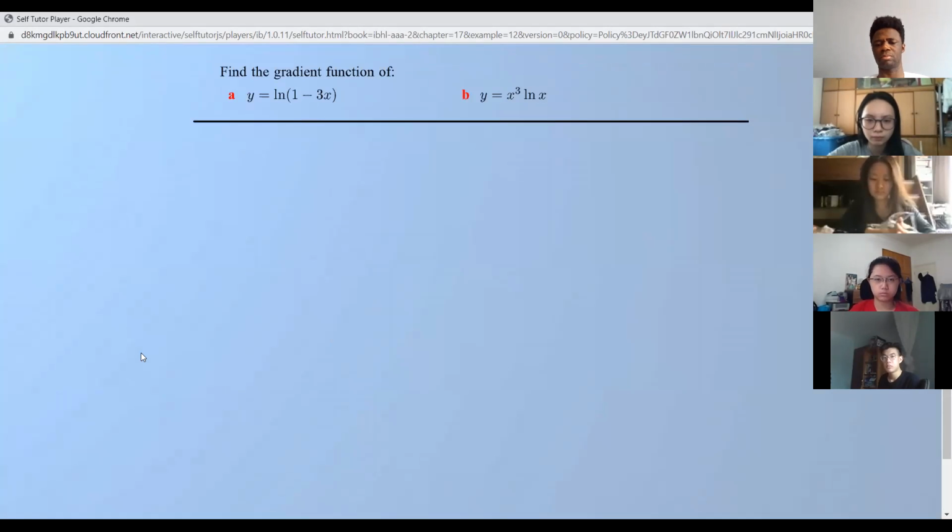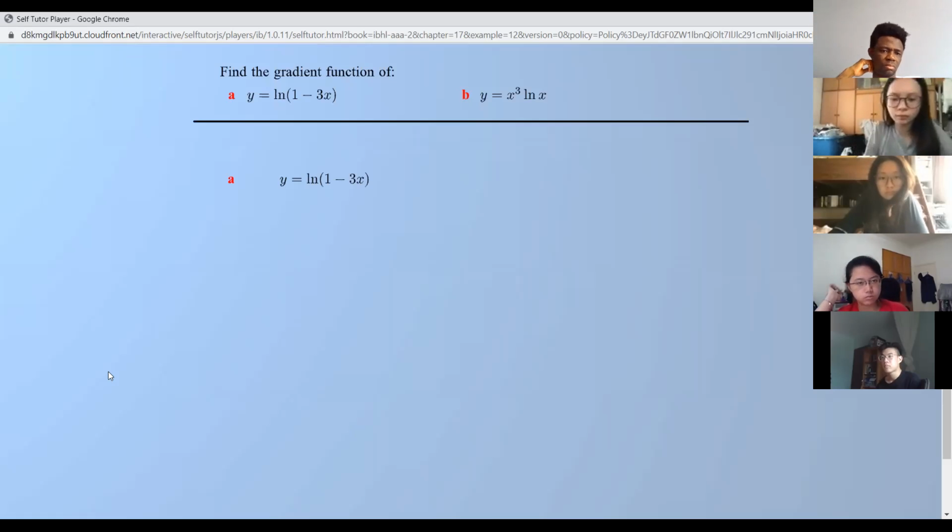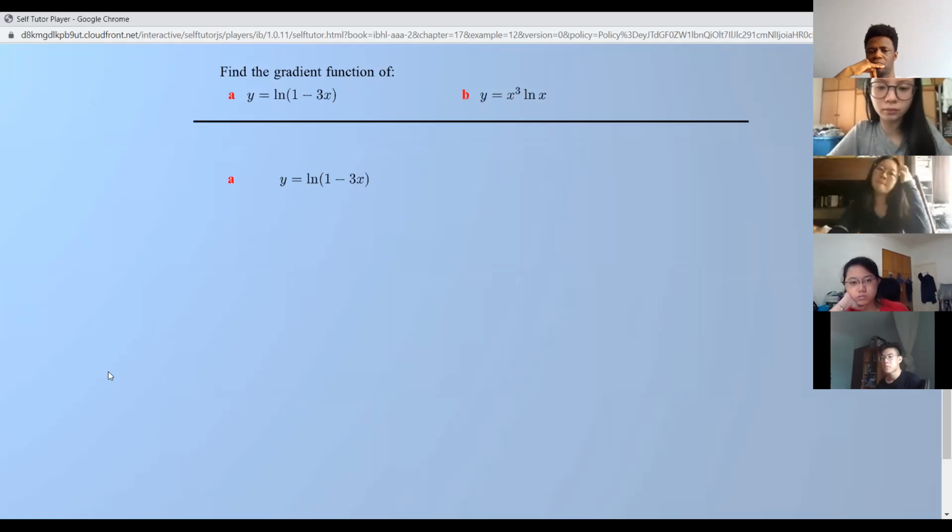The derivative of the natural logarithm function ln x is 1 over x. Using the chain rule, the derivative of ln something will be 1 over the something times the derivative of the something. In part A, we find the derivative of ln 1 minus 3x.